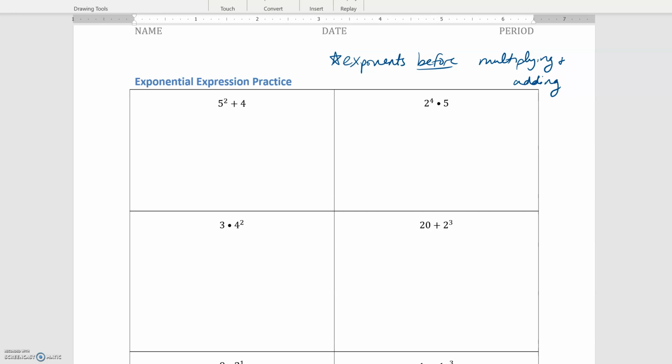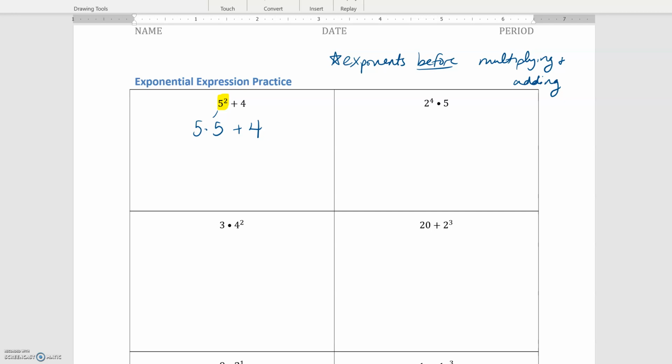Our first example shows 5 squared plus 4. So what we know from the front of our notes is that we have to do the exponent first before we add. So let's do that. I'm going to do 5 squared first. I'm going to write it out as 5 times 5, and then keep the plus 4 on the side.